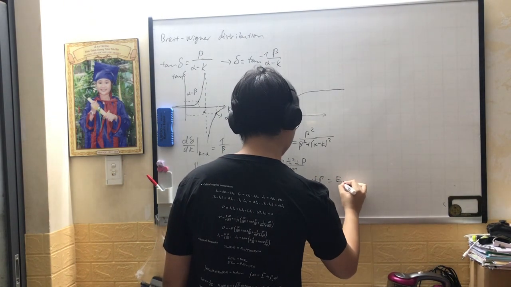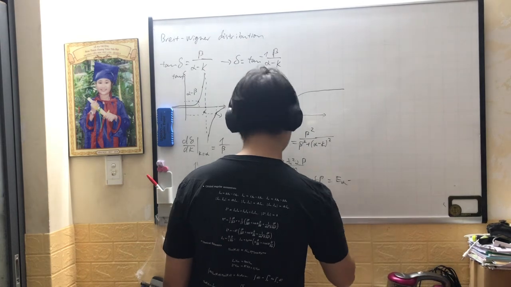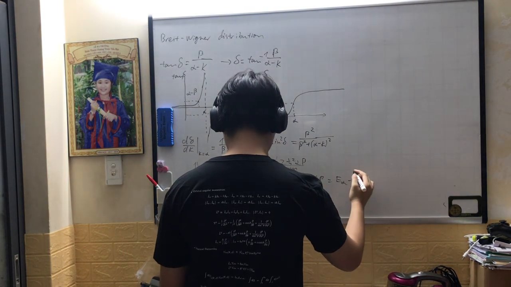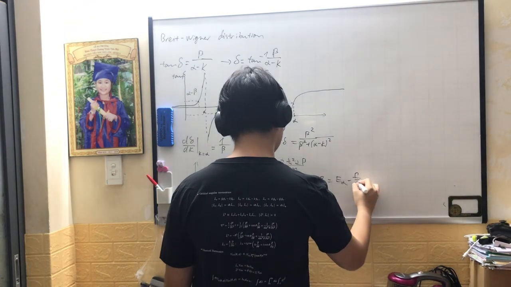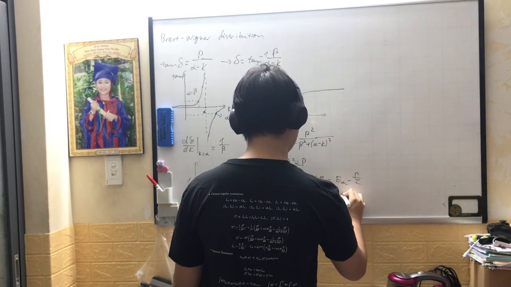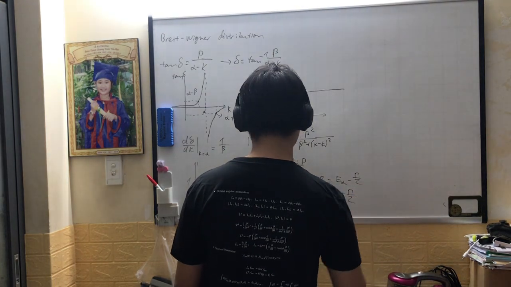Starting point is E alpha minus gamma over 2. And endpoint is E alpha plus gamma over 2.